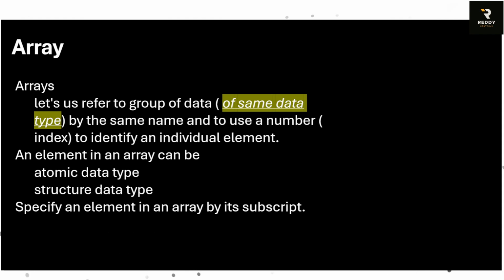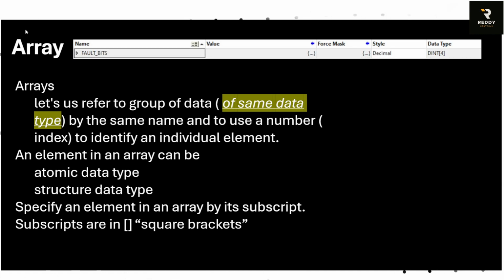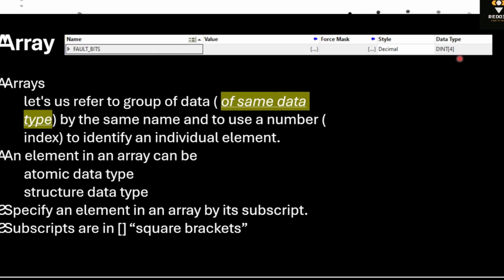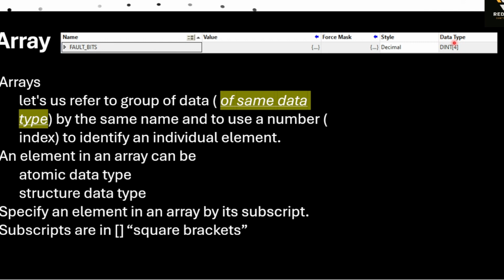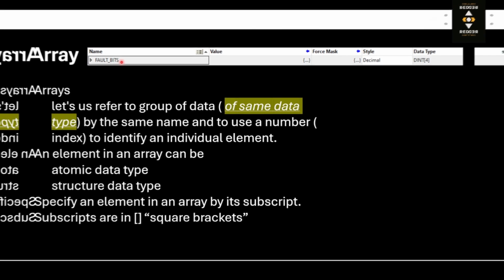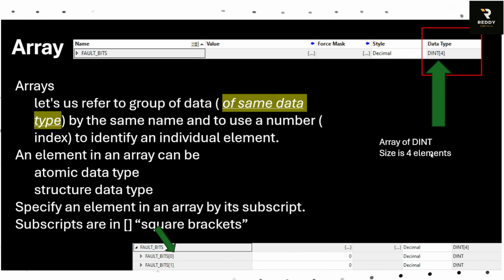We can specify an element in an array by using subscripts, and the subscripts are given inside square brackets. So for example, this here is an array, and we know that because it has square brackets and 4. It has 4 elements and the size is 4.